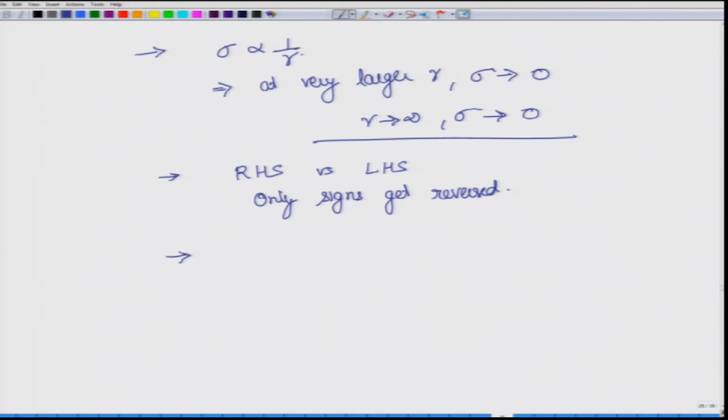Still another point that we should observe from what we have derived about the stress and strain field: what will happen to these stress and strain when r tends to 0? So, you have seen that stress and strains are proportional to 1 over r. Now, that would mean that when r tends to 0, stress and strain become very large.